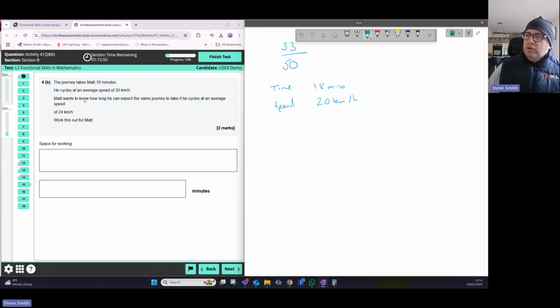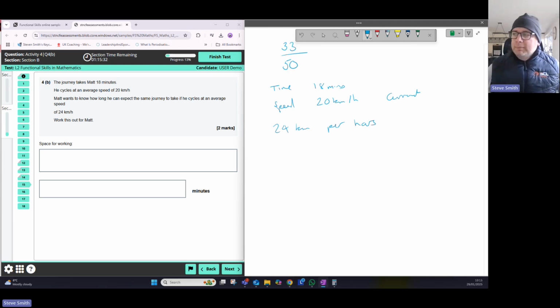Okay. Matt wants to know how long he can expect the same journey to take if he cycles an average speed of 24 kilometers an hour. Work this out for Matt. So that's current. If he now goes 24 kilometers per hour, how long will it take?